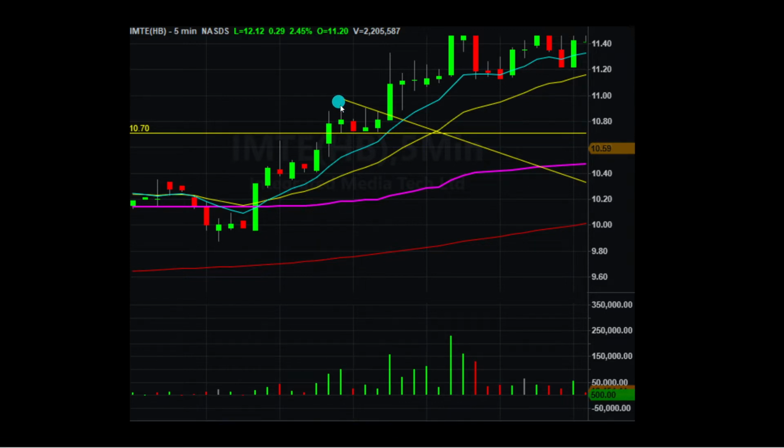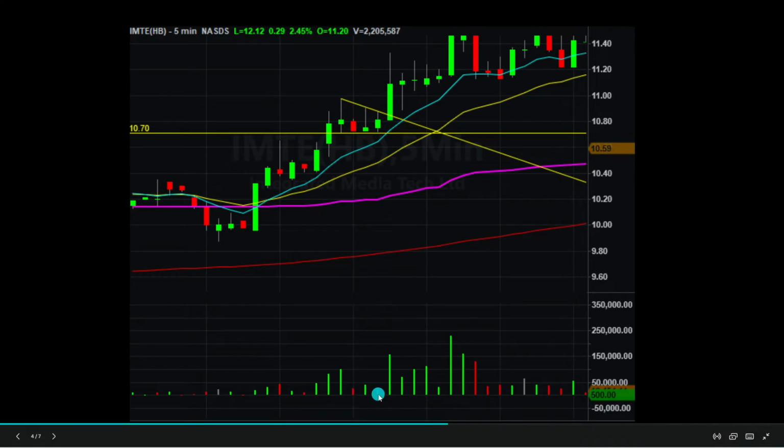Then you go into the consolidation period with the resistance trend line going down, and you have a support area right here. And sometimes I would recommend drawing these trend and support lines when you have a flag pattern about to form, so you can actually see it visually, right? And then as you can see, you get the consolidation period with light volume.